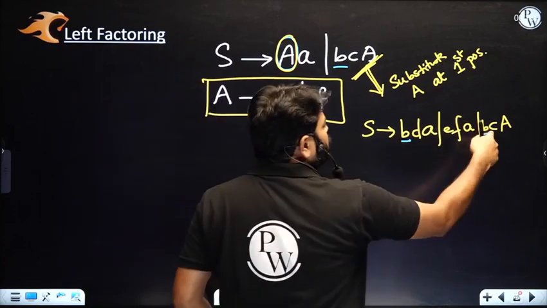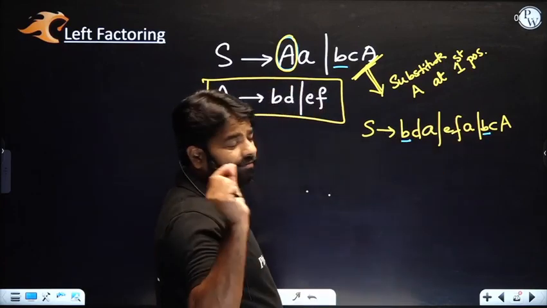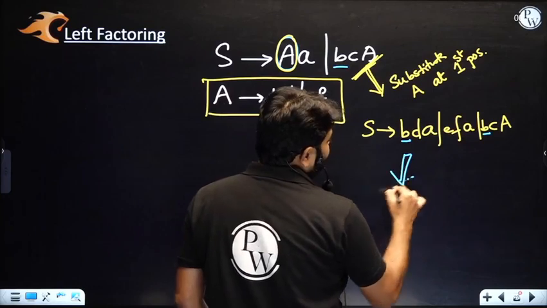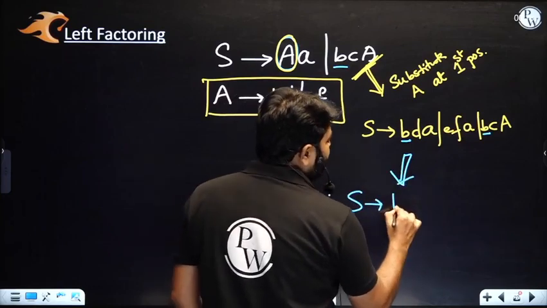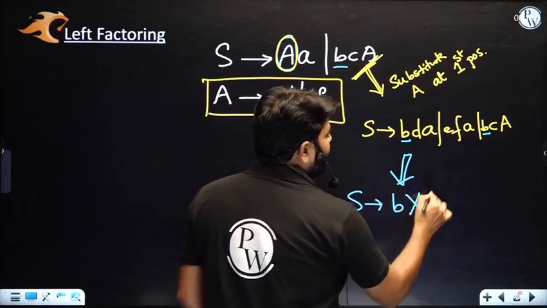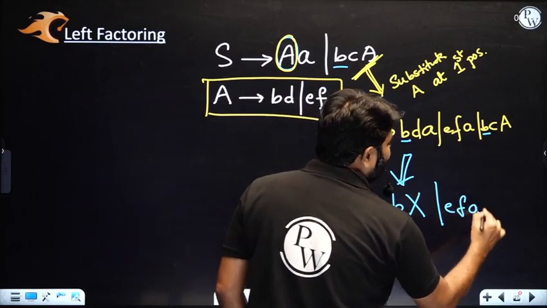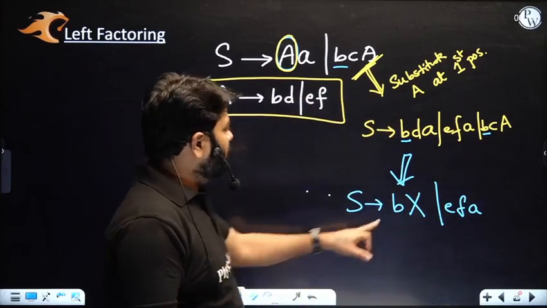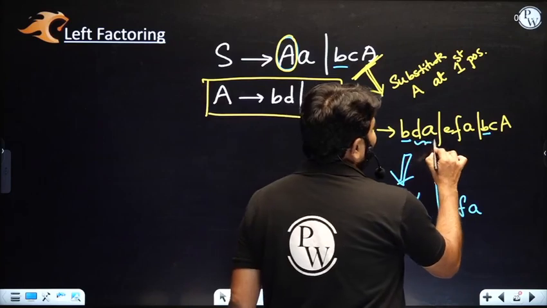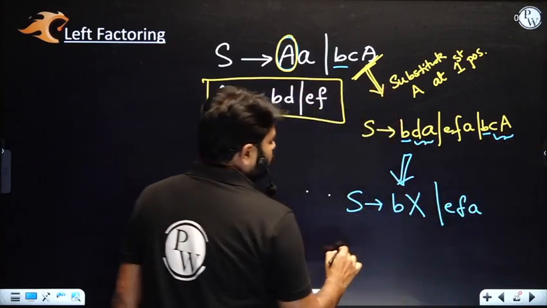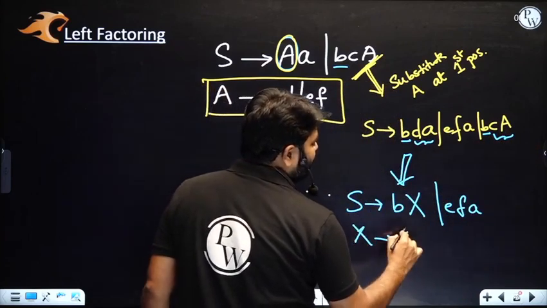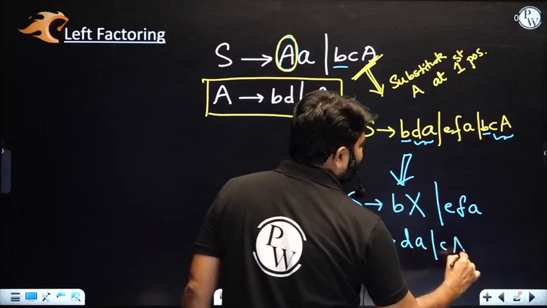Now these two have a problem, they have a common prefix. So what you do here: S derives B X. Anyhow, E F A is not having any issue, so keep it as it is. Now X has to derive D A and C A. So X derives D A or C capital A.